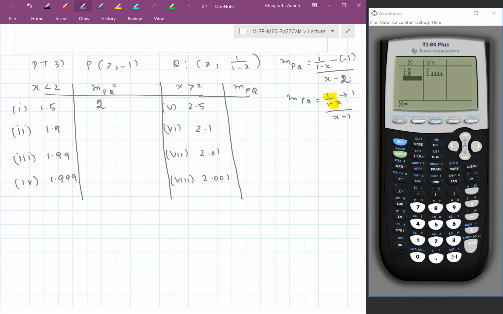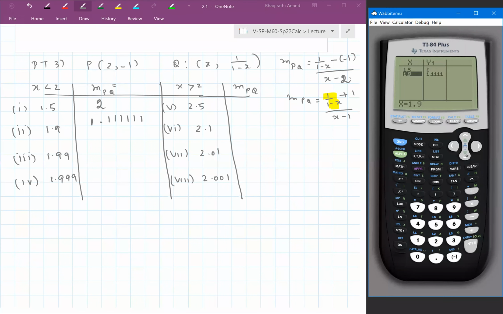As the problem is asking you to make sure that it is 6 decimal places, even though the calculator shows only 4 decimal places, if you use your right arrow, below you see all the decimal places. So we will write up to 6 decimal places, 1.11111, and then the next value that you have to input is 1.99.